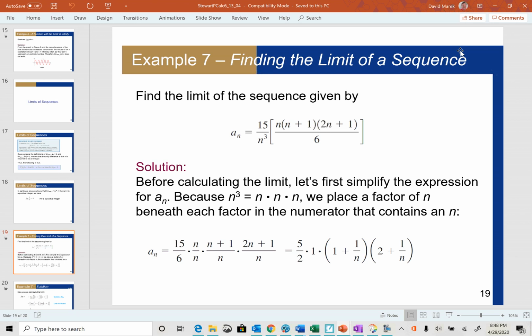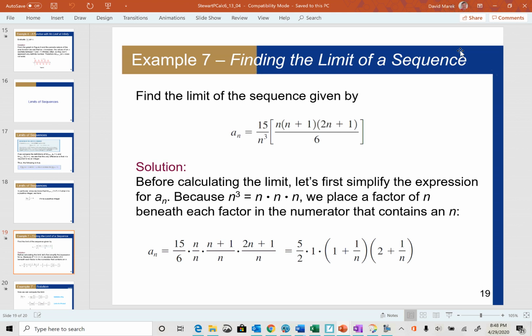That needs some work. Okay, let's simplify the expression because n to the third is n times n times n. For our denominator, we can write that out as a product of 4 terms. Our numerator has 4 terms. Well, let's write it out and let's pair those things up. Okay, so we'll put the 15 over the 6.